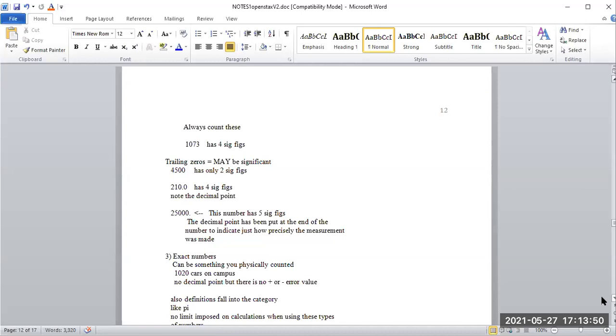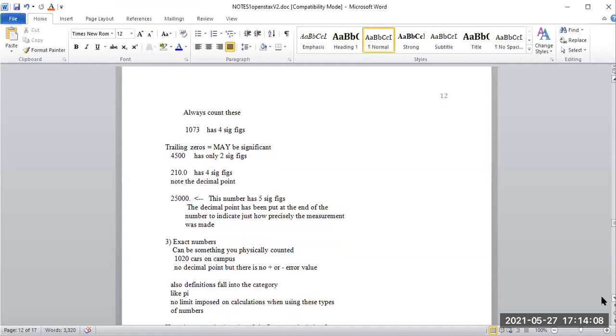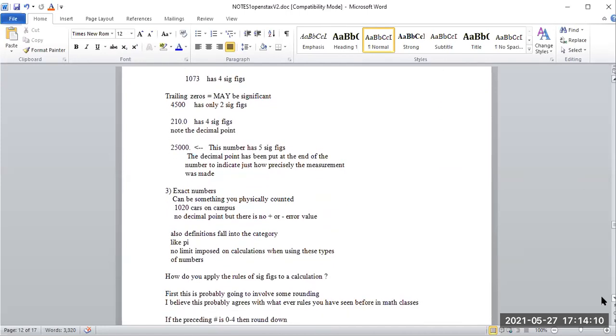They're trying to make a point that if you have zeros, but you know your value to the nearest 1, then you are allowed to count your zeros. You won't see a lot of this, but it does happen.